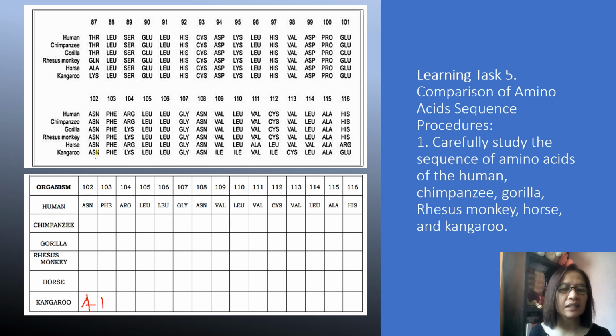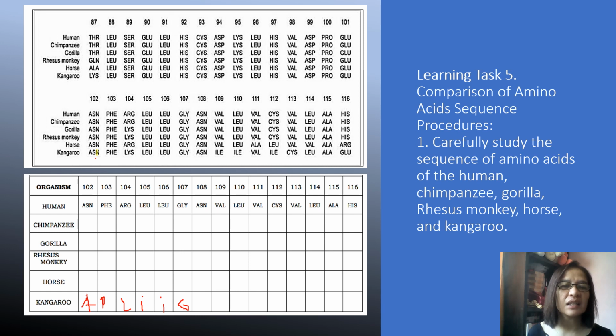Lagay natin ay P. 104, lysine. 105, leucine. Since pareha sila, ilagay lang natin ay small I. 106, leucine uli. Small I uli, para lang may symbol tayo. 107, glycine. Lagay uli si glycine, symbol, GLY, pero sa akin ay G lang, para lang siya ay magkasya.